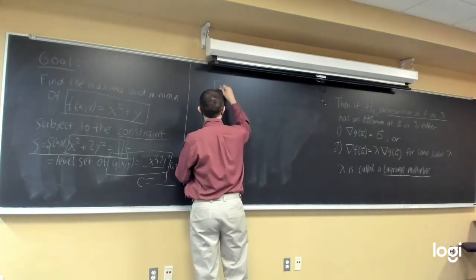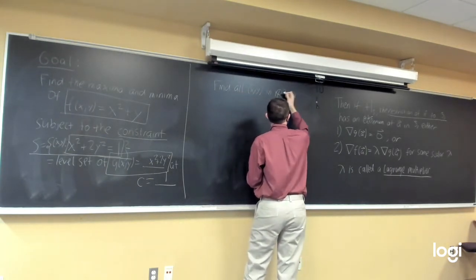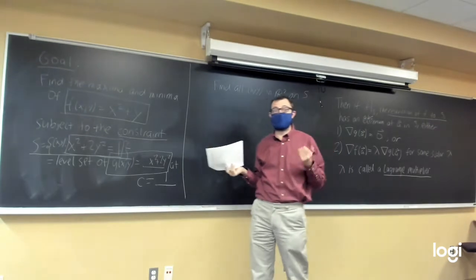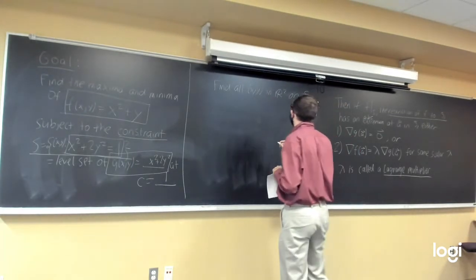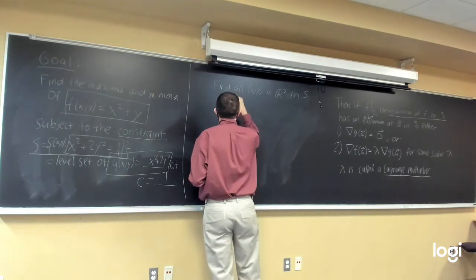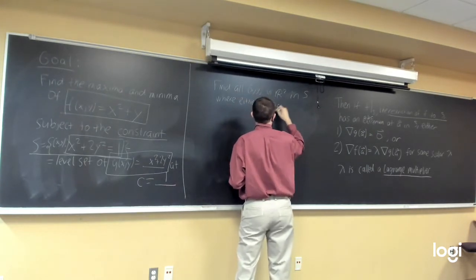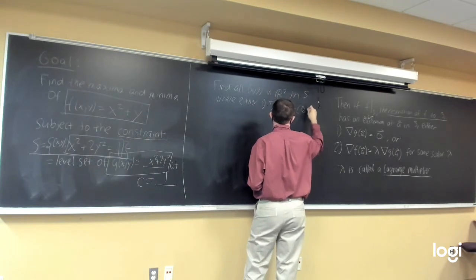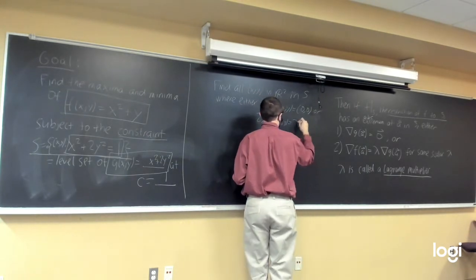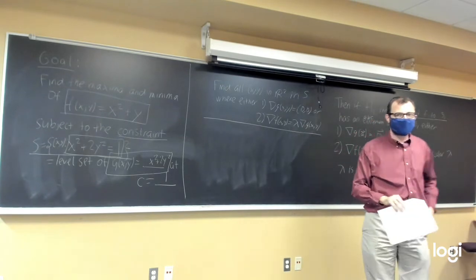So we're going to start by finding all x, comma, y in R2 in the set S, because we only care about points satisfying x squared plus 2y squared equals 1, where either 1, the gradient of g at that point is the 0 vector, or 2, the gradient of f at that point is a scalar multiple of the gradient of g at that point. And those are going to be our potential locations.